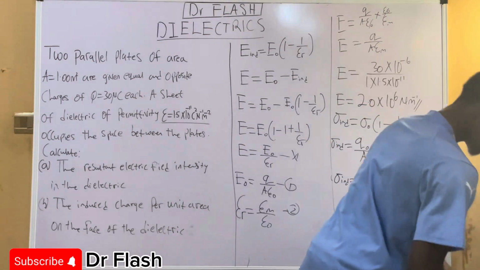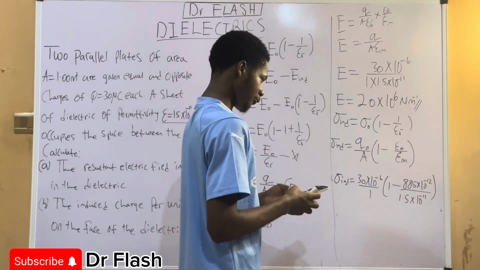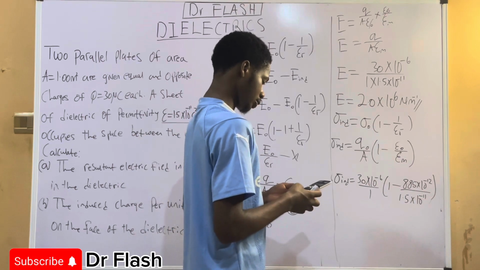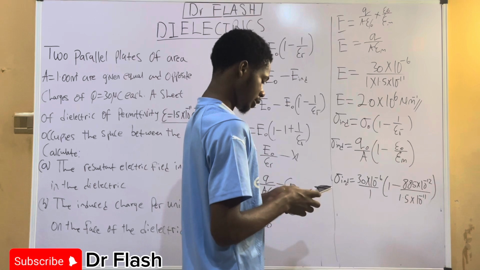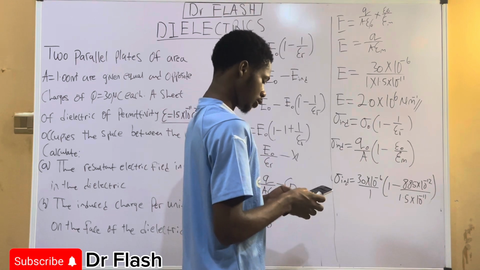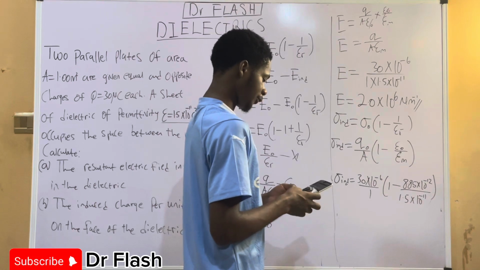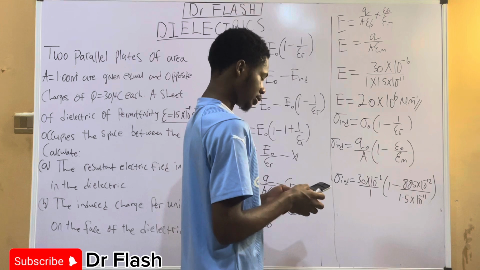So I'm going to do that with our calculator and see: 30 times 10 to the power of minus 6 times 1 minus 8.85 times 10 to the power of minus 12 over 1.5 times 10 to the power of minus 11.